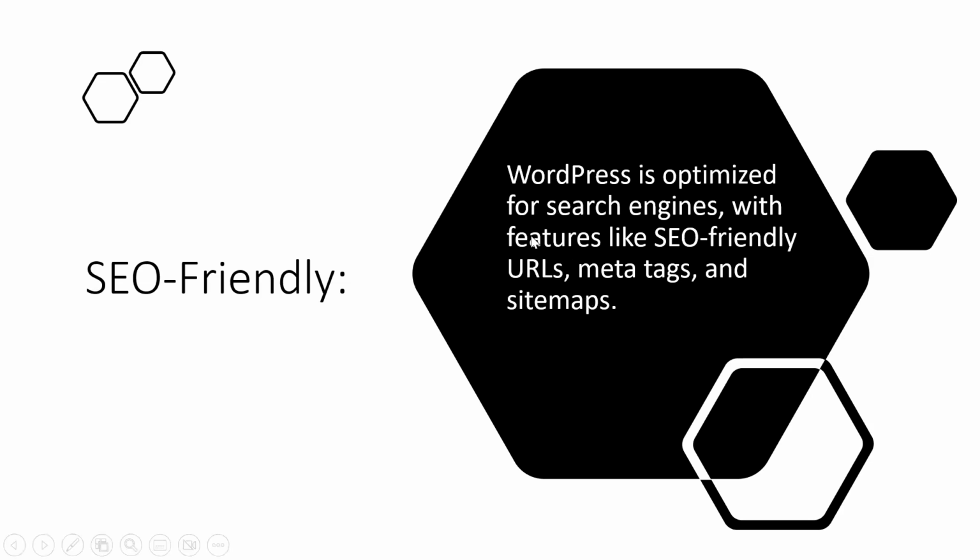WordPress gives you the opportunity to use those keywords properly, because it helps your content really optimize for search engines. You can easily use the keywords you have gathered on WordPress, unlike other web design software out there. Okay, so it's optimized for search engines with features like SEO friendly URLs, meta tags, and sitemaps.